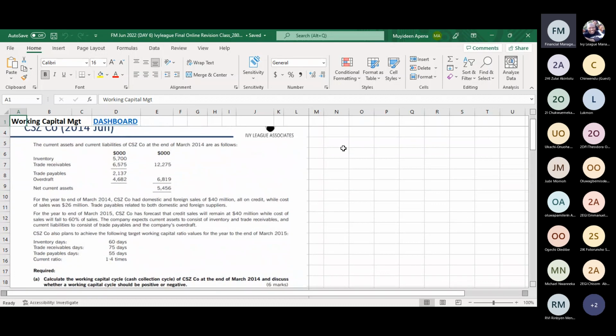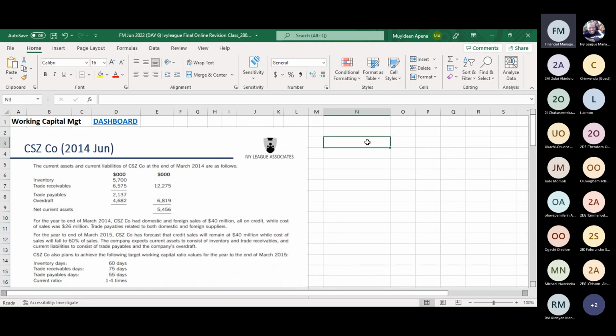So we are given the following information. The current asset and current liability of CSZ Co at the end of March 2014 are as follows. So as we have them, we can begin to gather our data.